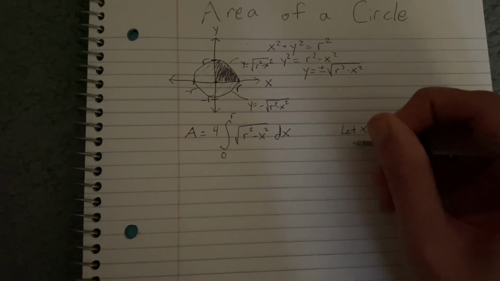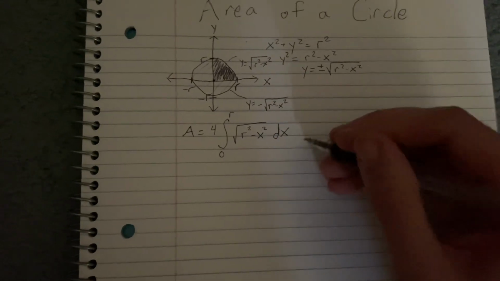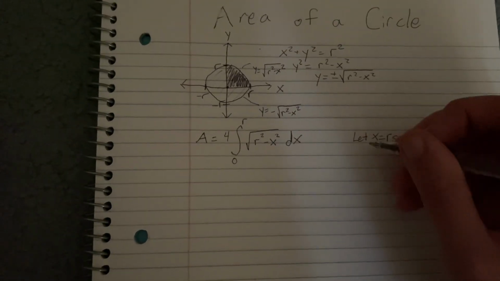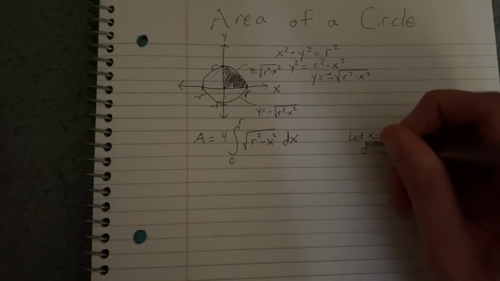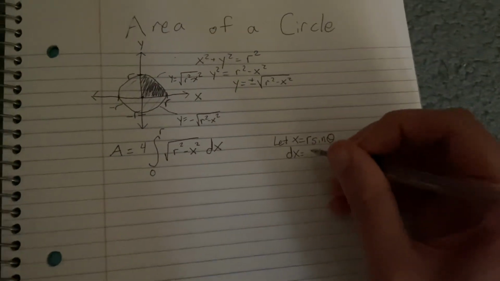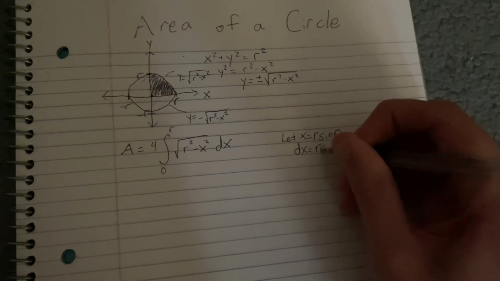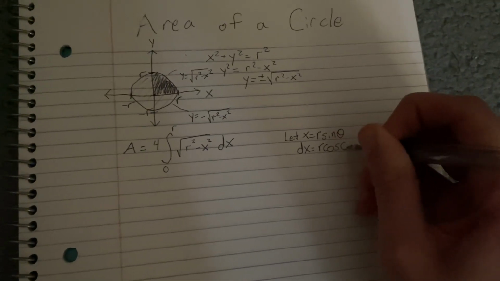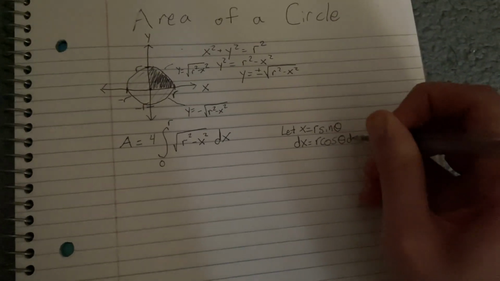Now let's take care of our dx. So dx is going to be r cosine of theta d theta.